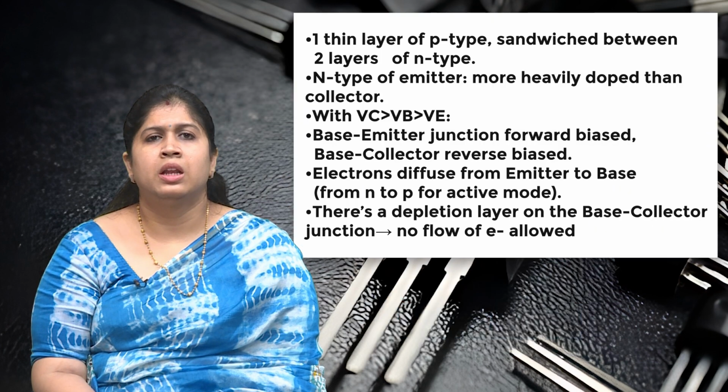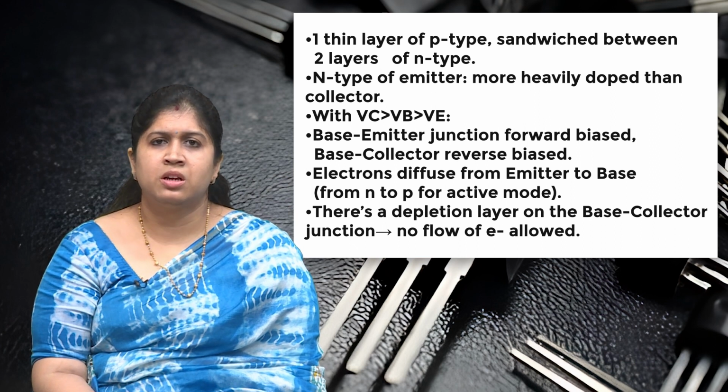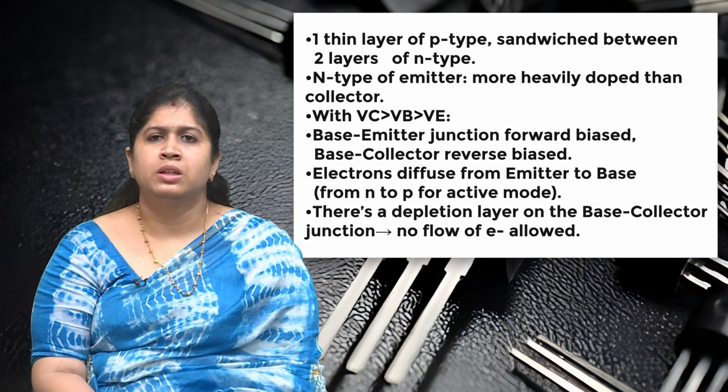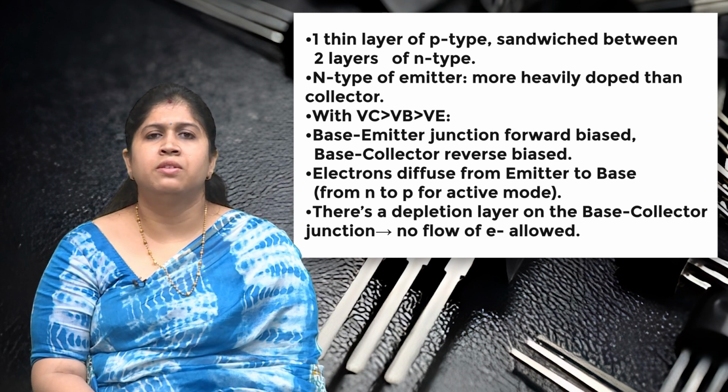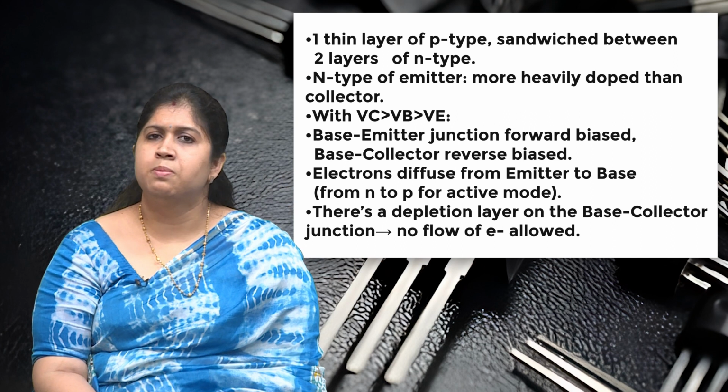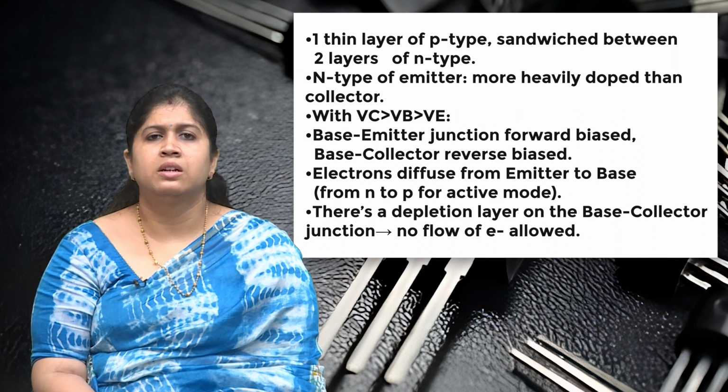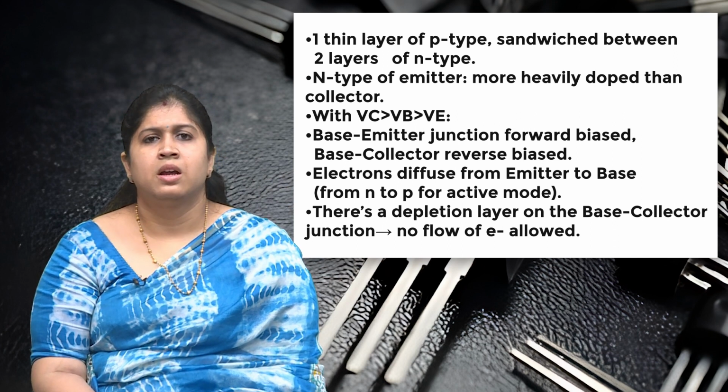One thin layer of P type is sandwiched between two layers of N type, with the N type emitter more heavily doped than the collector, with VC greater than VB and VB greater than VE. The base-emitter junction is forward biased, the base-collector junction reverse biased.